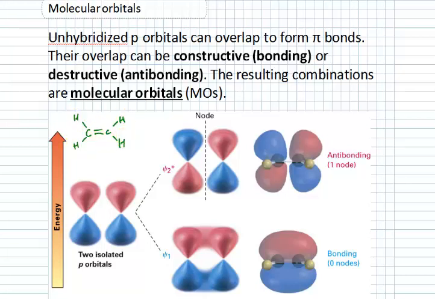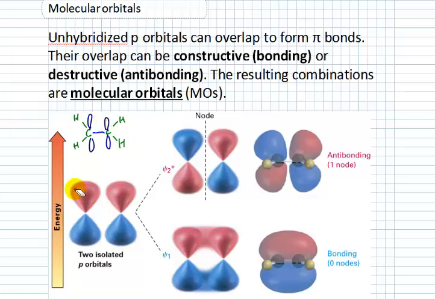That double bond, you'll recall, is formed by one sigma bond that goes in between the carbons. I'll draw that in blue here. Okay. And also one pi bond that goes above and below the carbons. Okay?